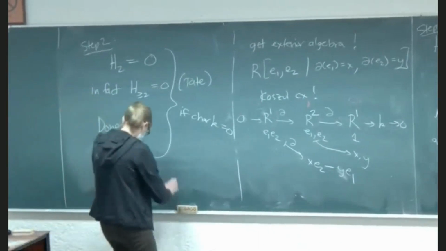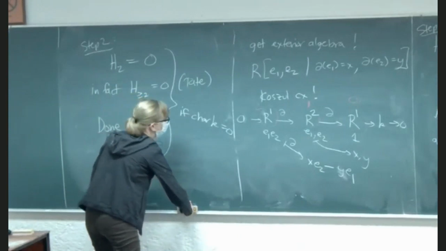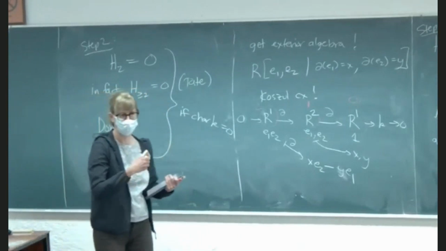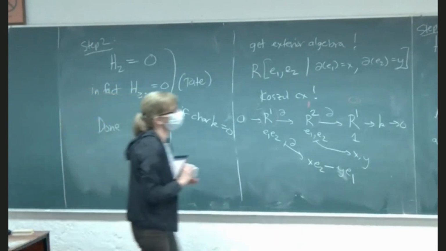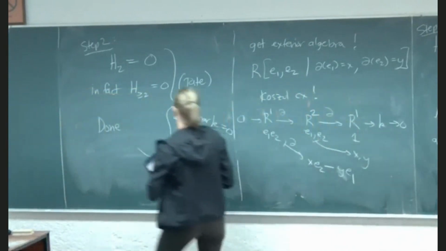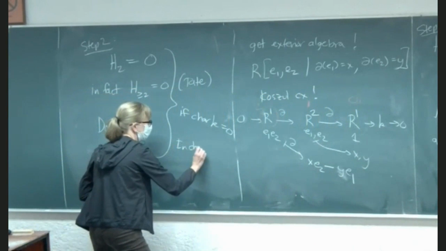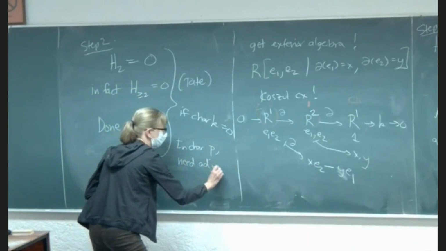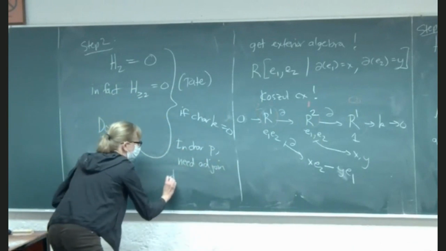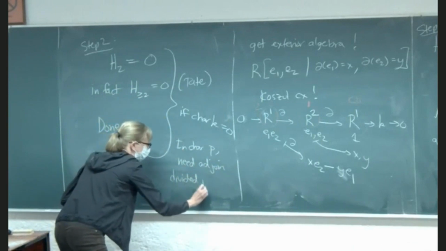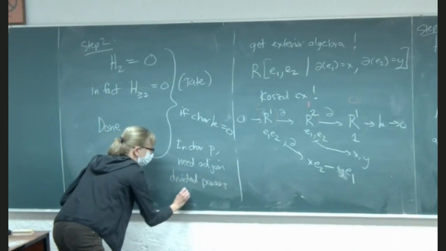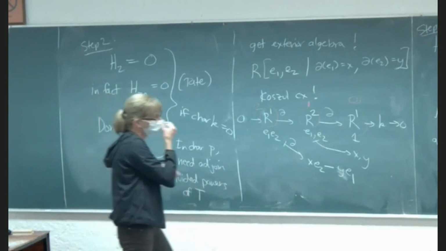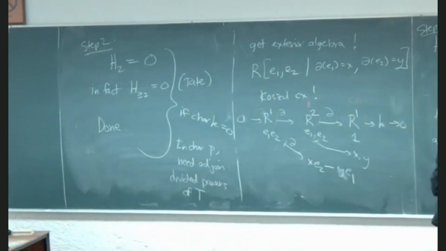And did I want to talk about that now? So I think I'll just talk about that as I go. So instead of adjoining a polynomial variable, in characteristic P, we actually need to adjoin a bit more. They're called divided powers of T. So that T that we adjoin is not quite enough to kill all the cycles and make all the cycles boundaries.